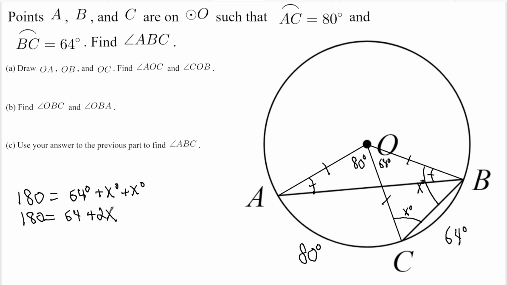Subtract 64 on both sides. So that gets us 180 minus 64, that would be 116 degrees, and that's equal to 2x. And 116 divided by 2, that is going to get us 58. So x is equal to 58 degrees.